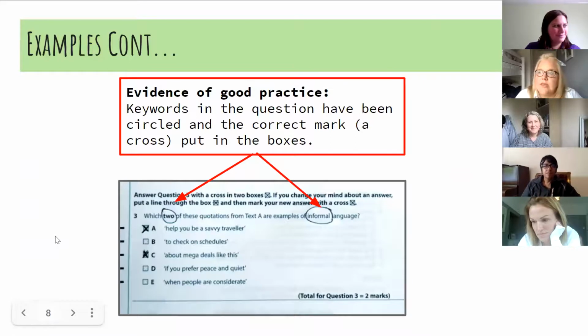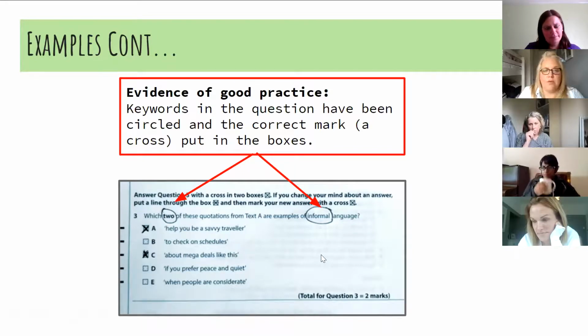But I also asked them to look for evidence of good practice as well. An example of this would be that they've answered the question correctly, but what the learner has done is circle the important words. Sometimes at level 2 with Pearson, they ask for formal or they ask for informal.